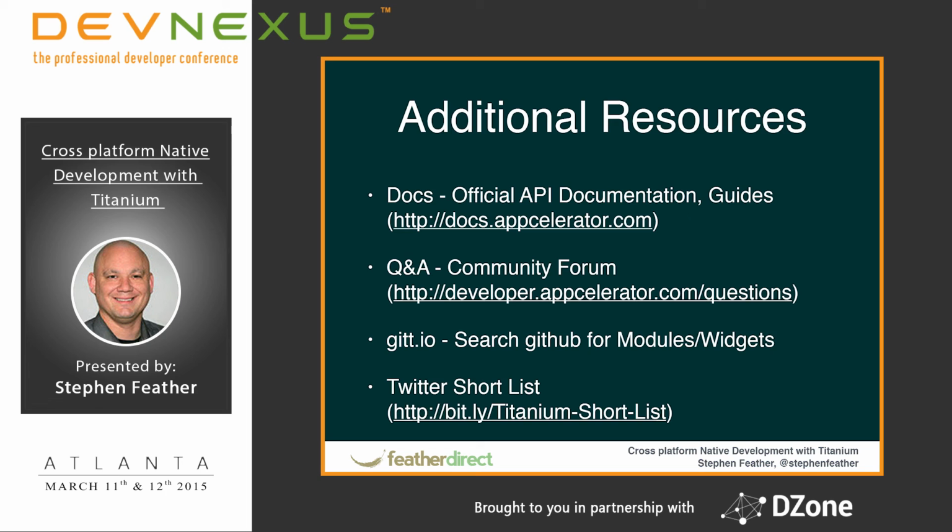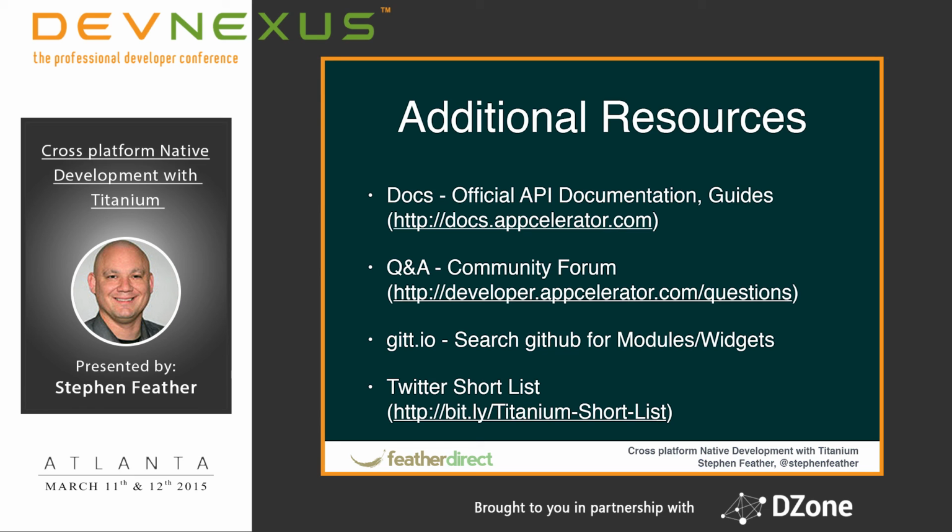Quality stuff up there along with guides and that kind of stuff. Q&A. The Q&A is changing this year. The forum software they originally put up was old, unwieldy, and unbearable. They couldn't manage it, and so they're moving to a new one. There is still good content there, but there's not a lot of folks answering questions right now. If you have a question and you're in this group, find me on Twitter, ping me, and I'll see if I can help you get started and answer a question that way.